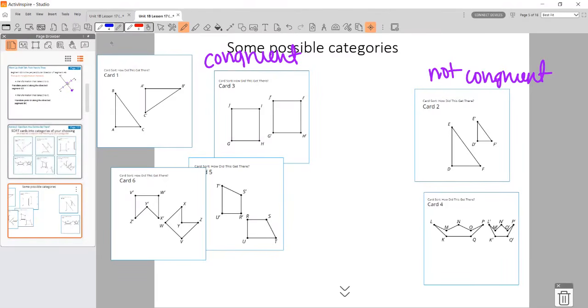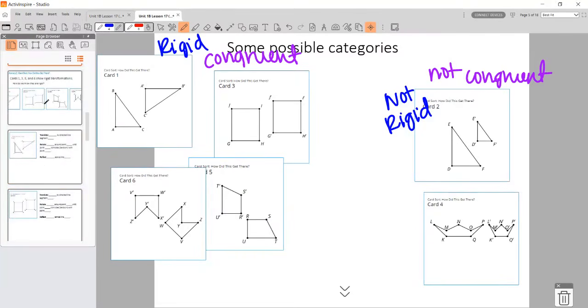The newer language that we're talking about here is rigid versus not rigid, if we're talking transformations. So these 4 cards were rigid transformations that took them. These 2 were not rigid.